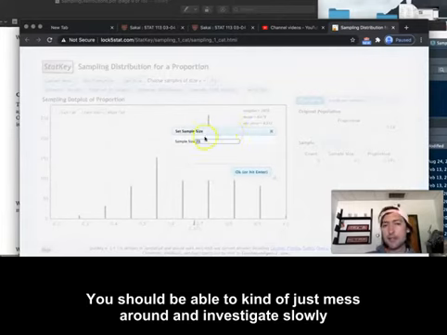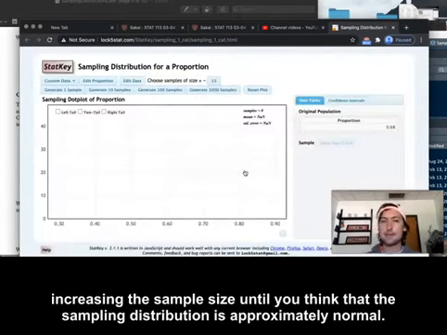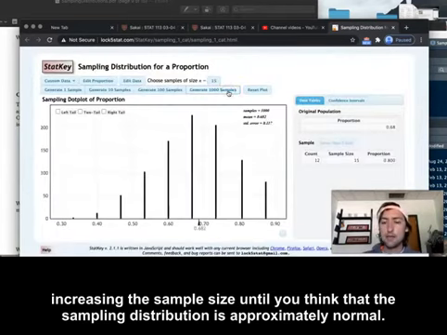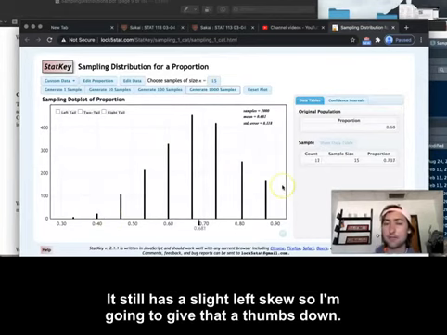You should be able to mess around and investigate, slowly increasing the sample size until you think that the sampling distribution is approximately normal. And so I just tried 15. It still has the slight left skew, so I'm going to give that a thumbs down.